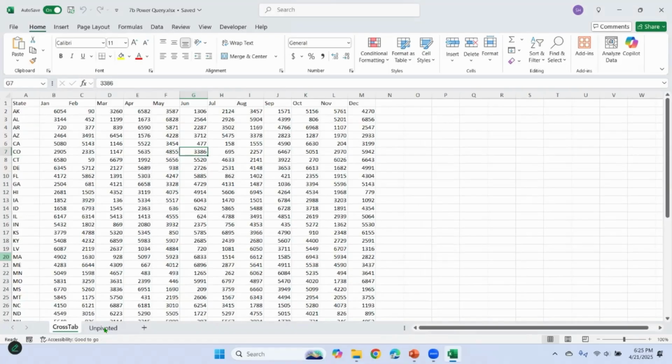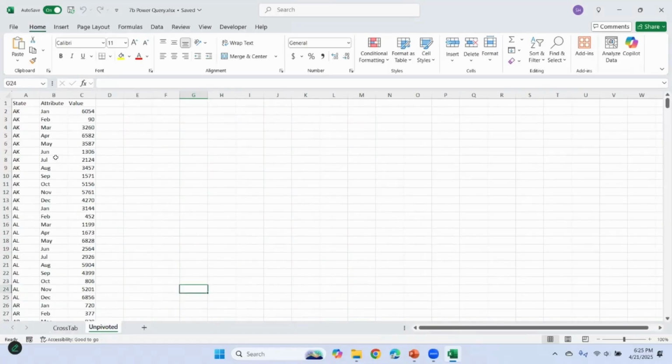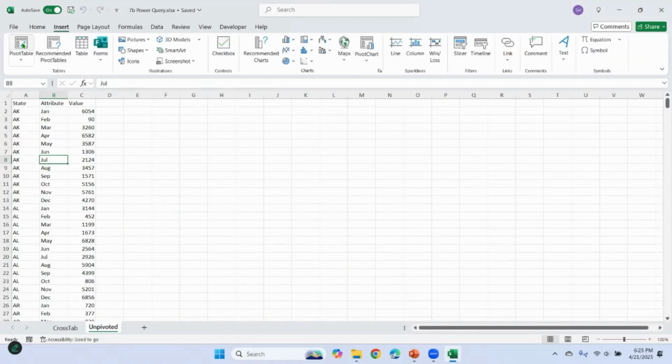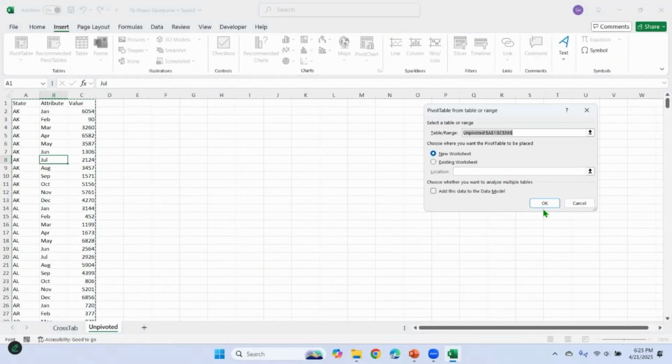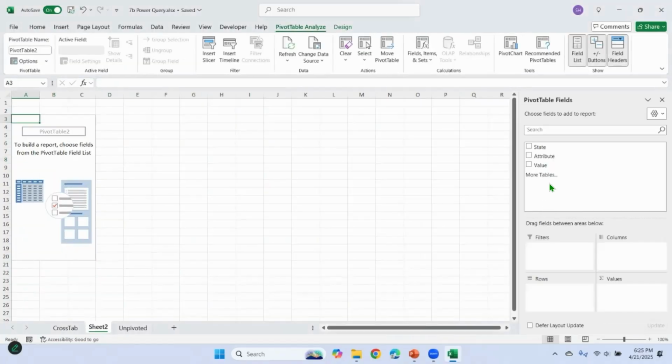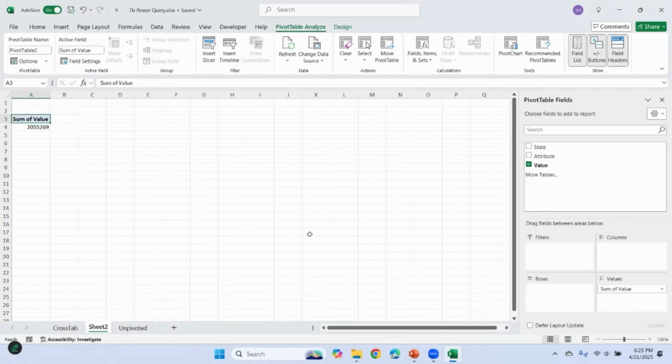So let's see what is the advantage in unpivoted data. Let's pick the same thing here. We go to insert and then pivot table. I have the total value. Let's place this here. See here, I got all the values for all the months. This is actually the month here.